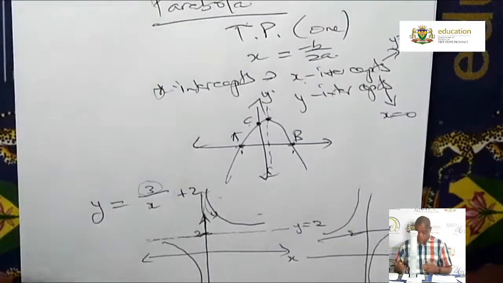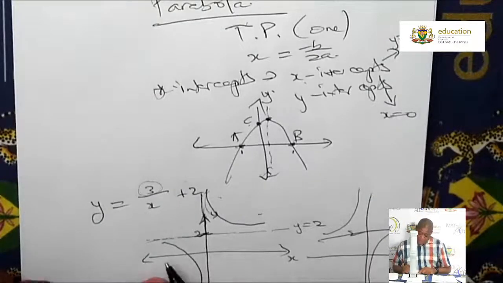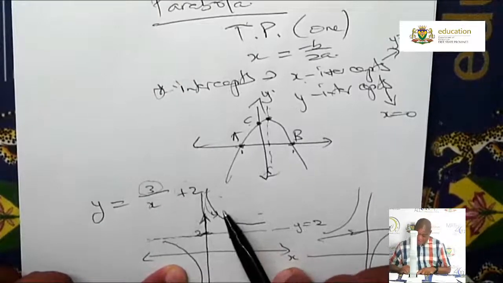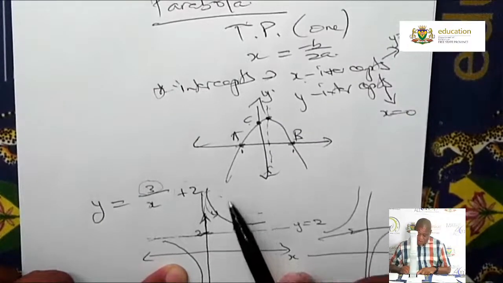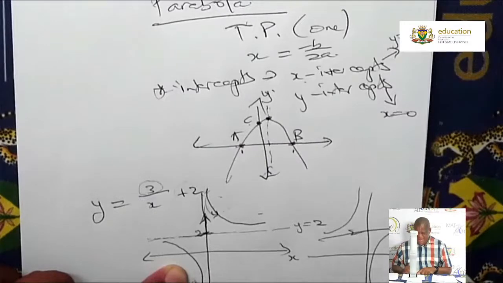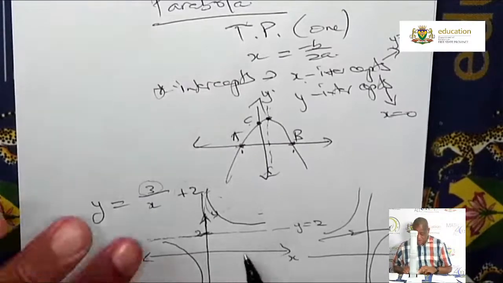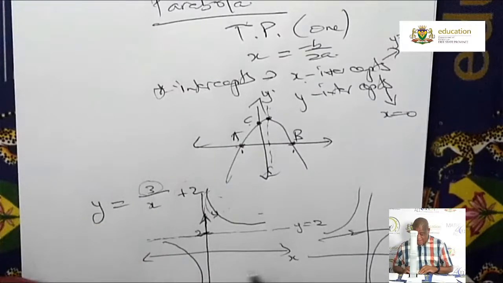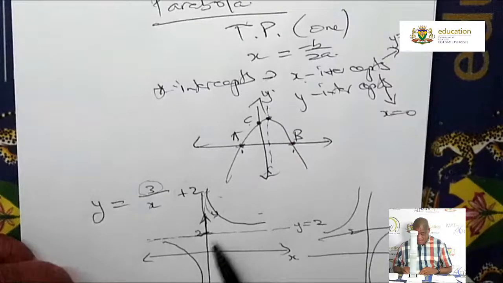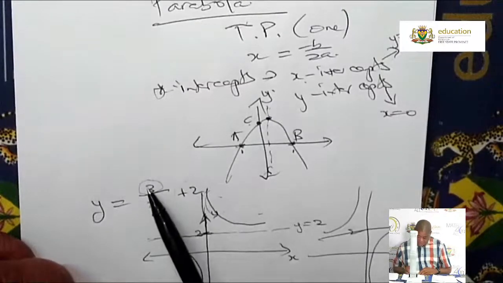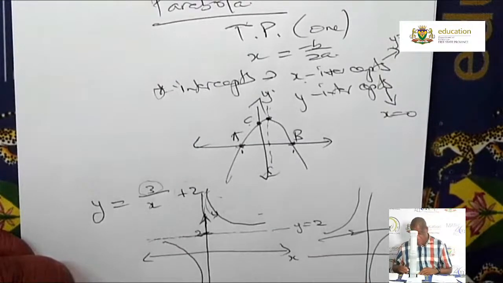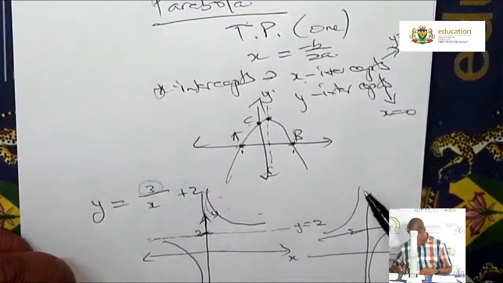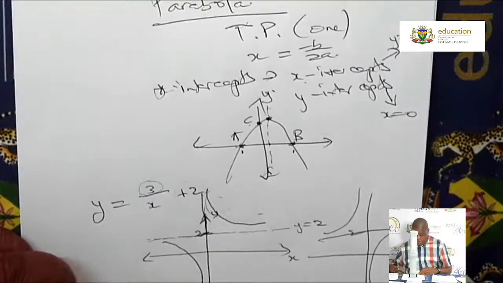Now we need to know, if it's positive, the one arm is in the first quadrant of the asymptote, the quadrants that are formed by the asymptote, not the quadrants of the Cartesian plane. If it's positive, like the 3 is positive now, one arm is in the first quadrant, the other arm will be in the third quadrant. But if the 3 there was negative, the one arm will appear this side, the other one will appear on the other side.